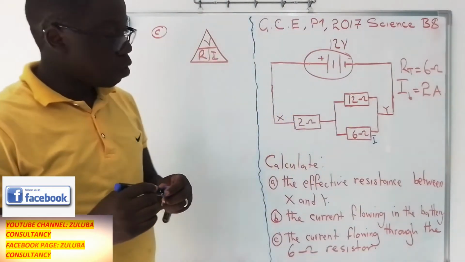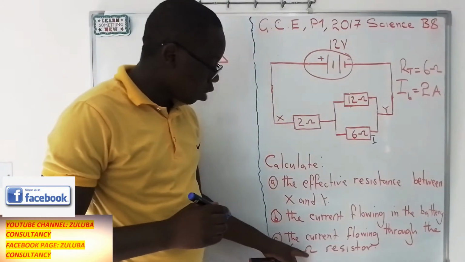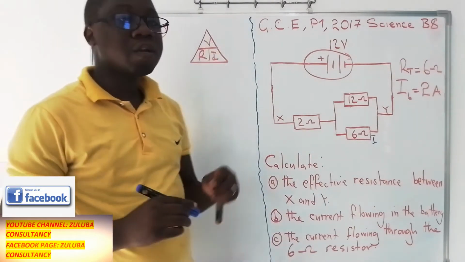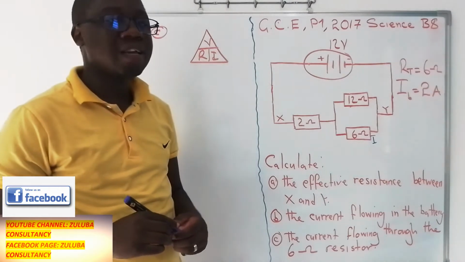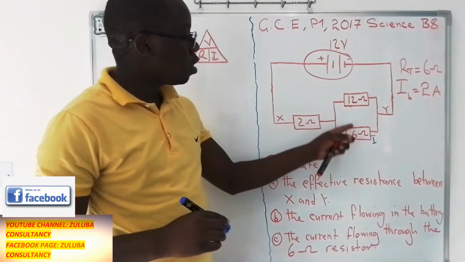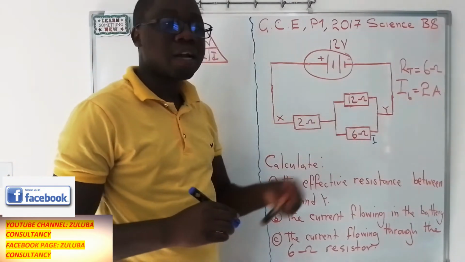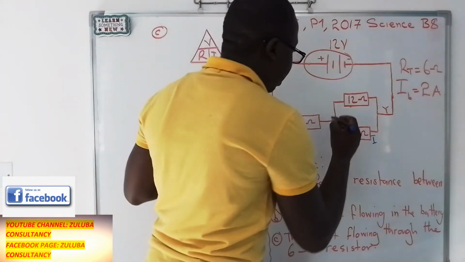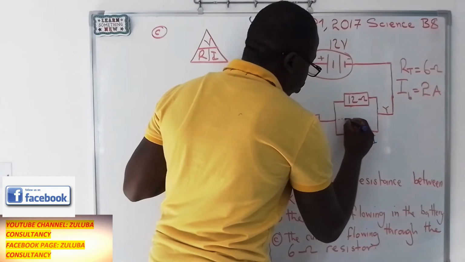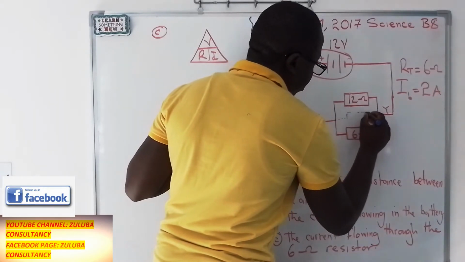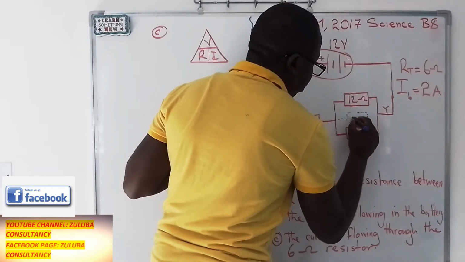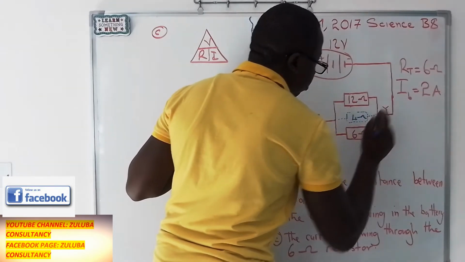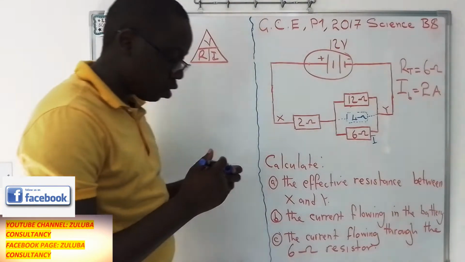Now, before we can look at how to calculate the current at this point, there is one important piece of information that we need to remind ourselves regarding these two parallel resistors. Remember that we said the total resistance at this point is 4 ohms. So 4 ohms is the total resistance at that point.